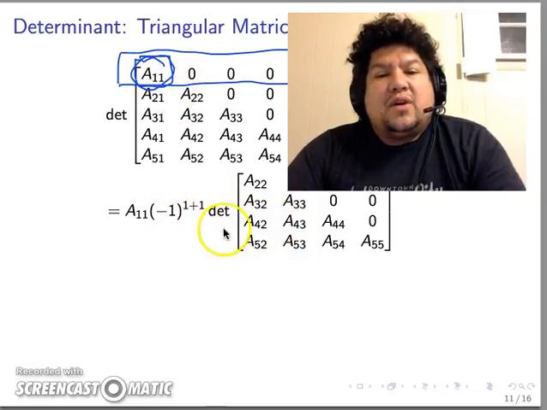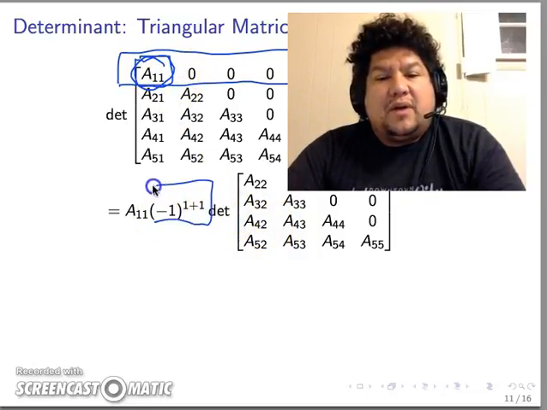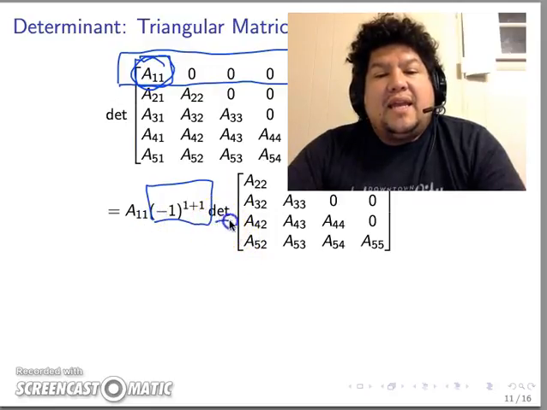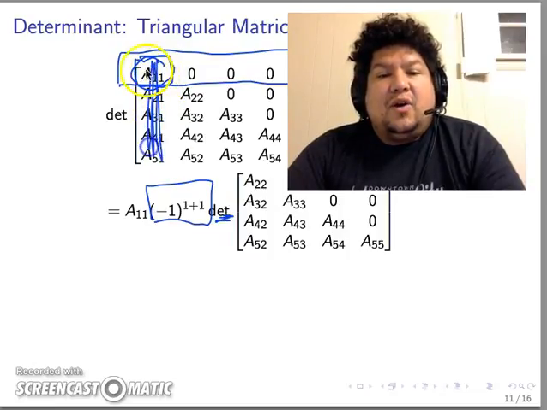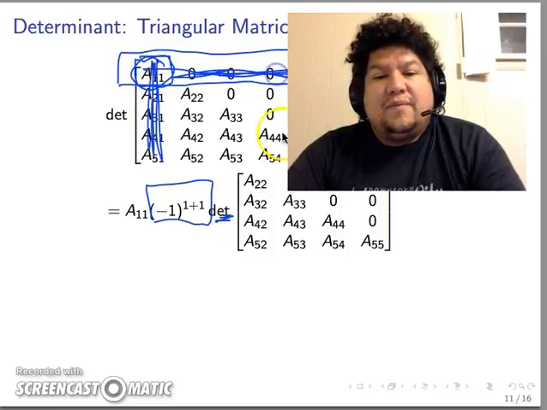And if we compute that cofactor, that's where this power of -1 comes from, and then that involves the minor of the submatrix that results by eliminating column 1 and row 1, and that leaves us with the determinant of this submatrix here, a matrix that has 4 rows and 4 columns.